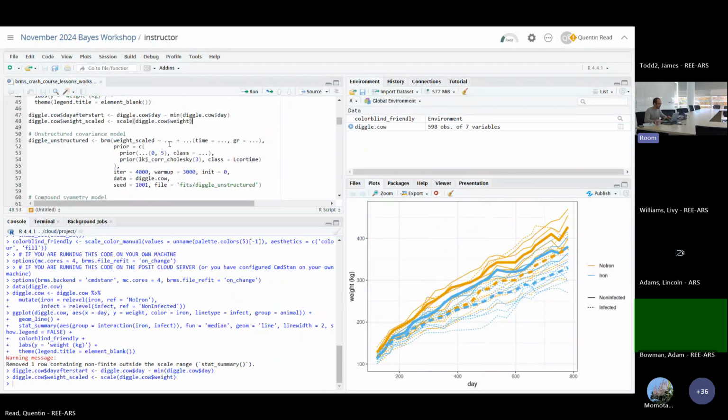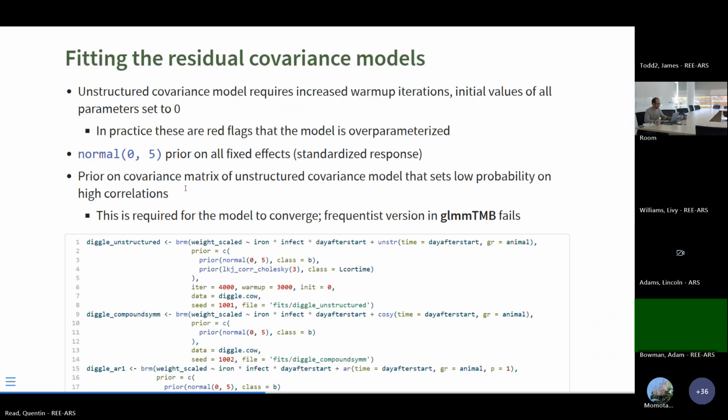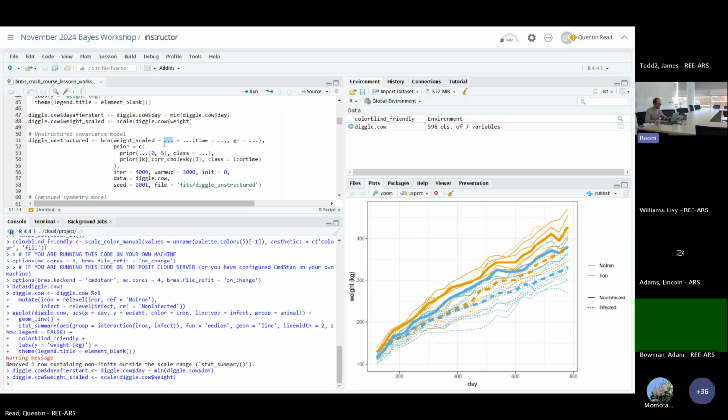So yeah, here's the unstructured covariance model. Our fixed effects are the iron treatment times infection status times days after start. Those are our fixed effects. They're going to be the same every time.